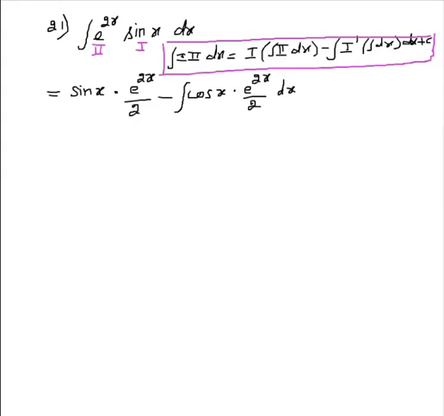We will write c at the end. No need to write now. This is equal to sin x into e power 2x divided by 2. Here 2 is a constant. Half can be taken outside.